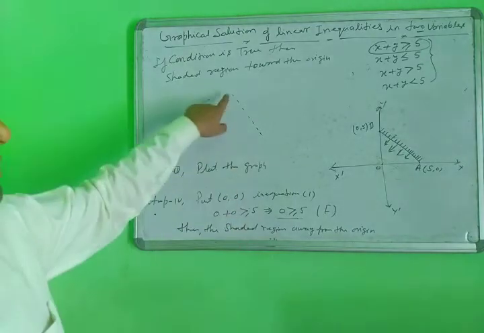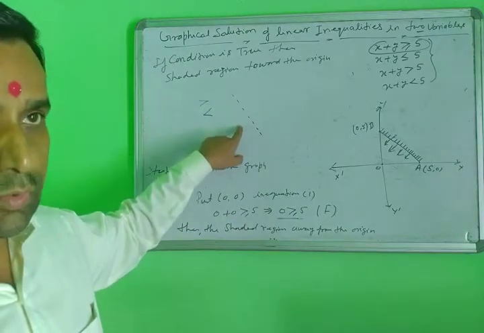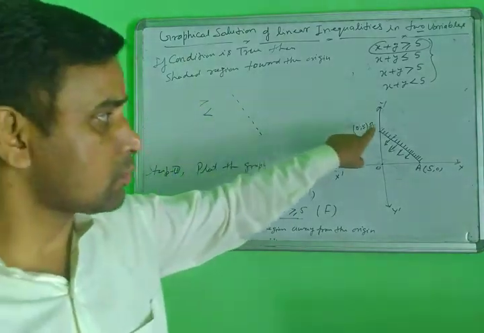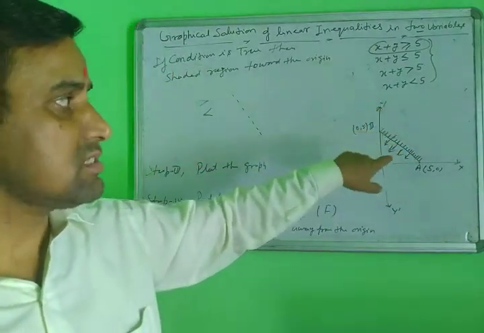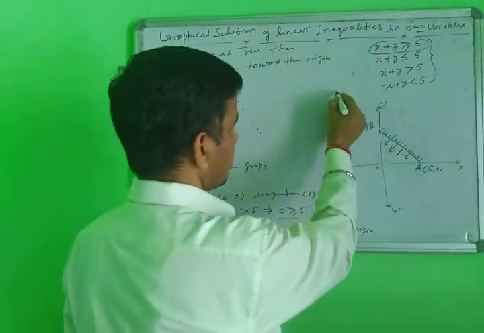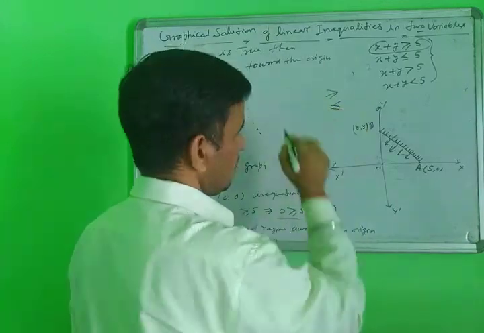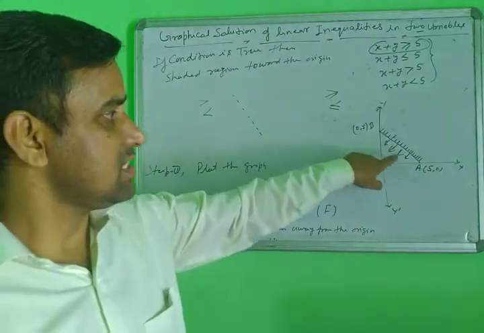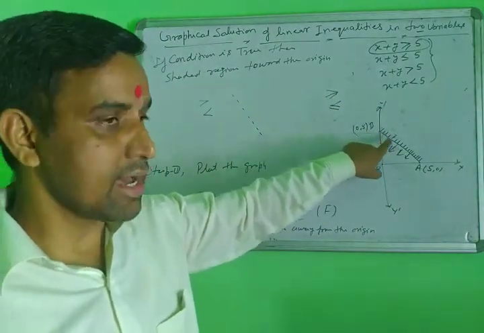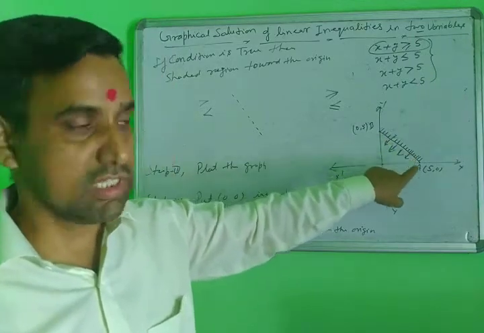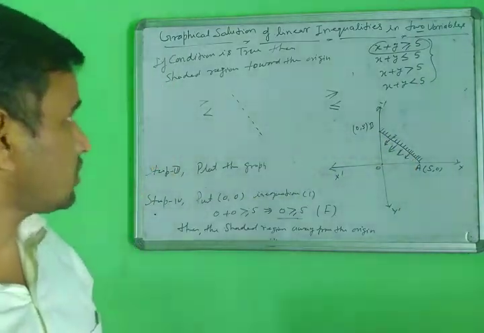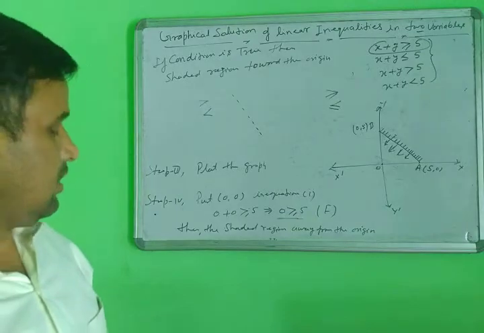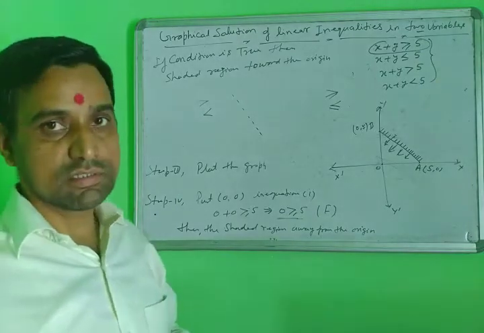When you draw the dark line, it means greater than or equal and less than or equal, so the line is also included in the solution region. Yes, note it down. Then start with exercise 6.2.